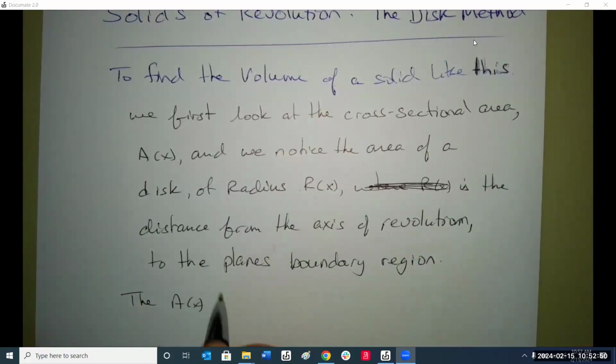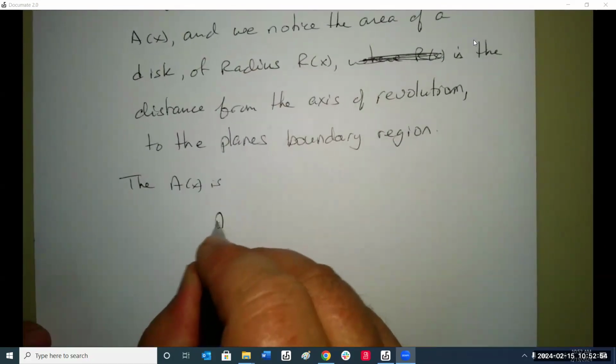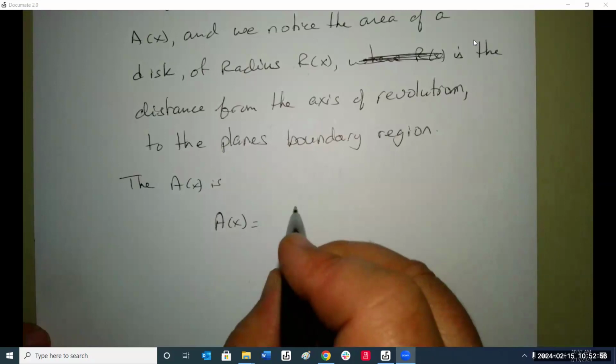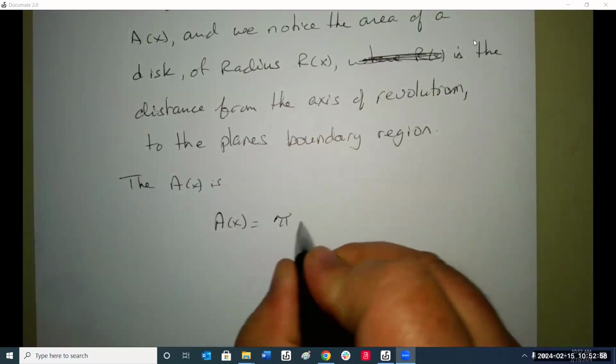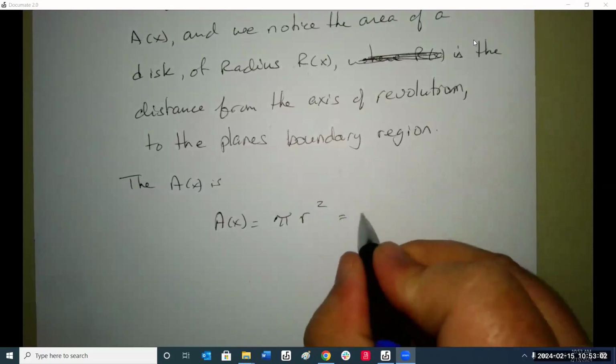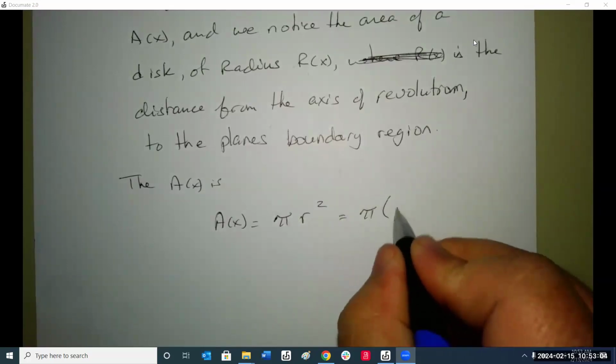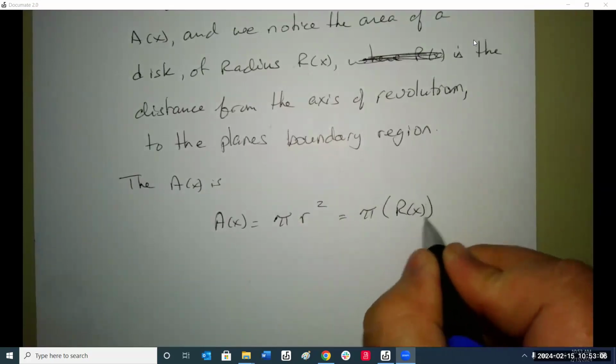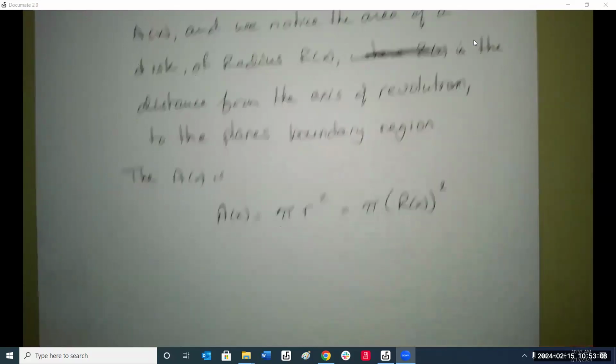The A of x is pi r squared, or pi radius, since it's a function of x, because it moves.